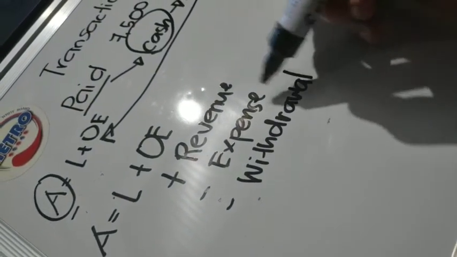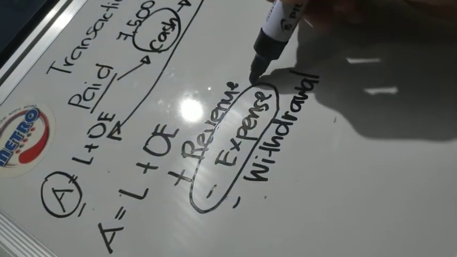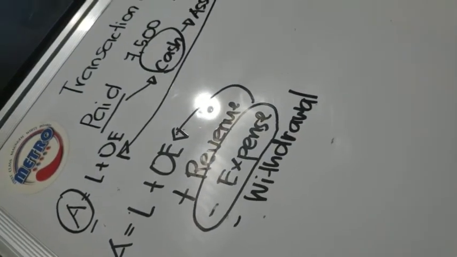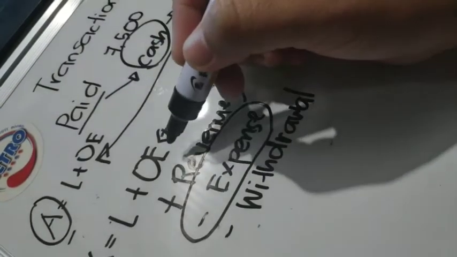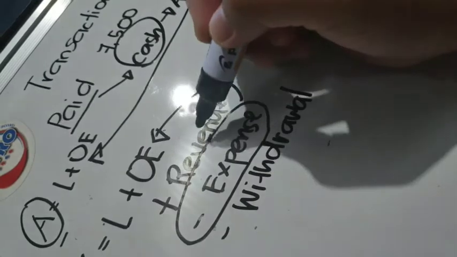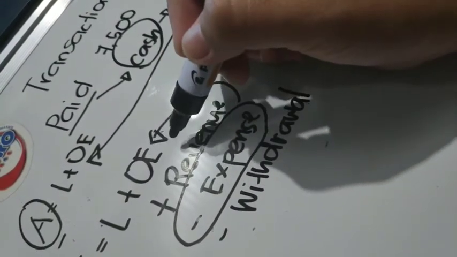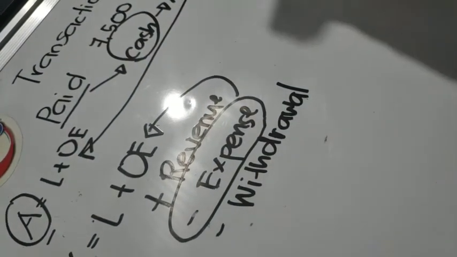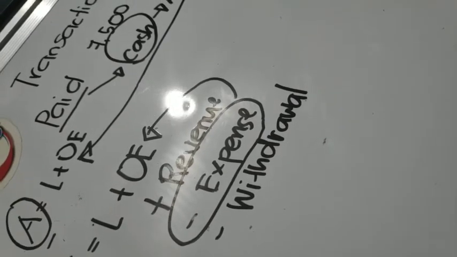So it really does affect your accounting equation because the expense is directly related to your owner's equity. Why? If there is an expense, your owner's equity will decrease. If there is a revenue, your owner's equity will increase. If you go back to your statement of comprehensive income, I have a video on that, it affects your owner's equity because of your net income. Okay, so we will go back to the problem.